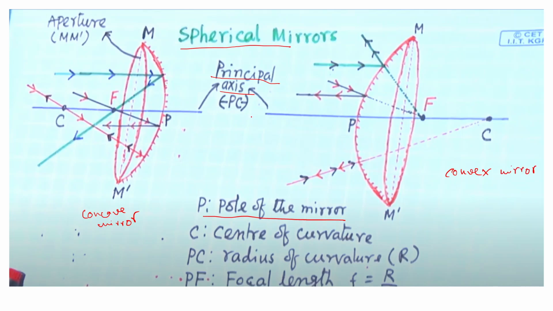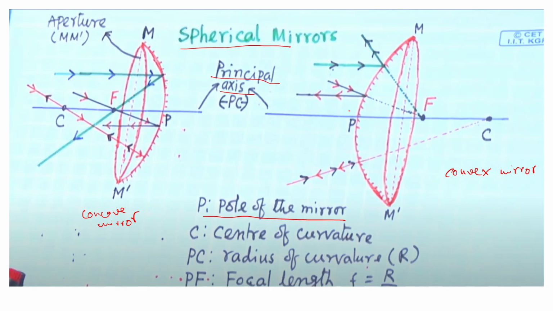But the concept of principal axis, pole, focus, radius of curvature, everything is the same. Here also, if light is coming parallel, it will be reflecting. I'll tell you why we have shown it dashed: it always forms a virtual image, and it appears to be reflecting to the focus, but we don't see what is on the other side, right?